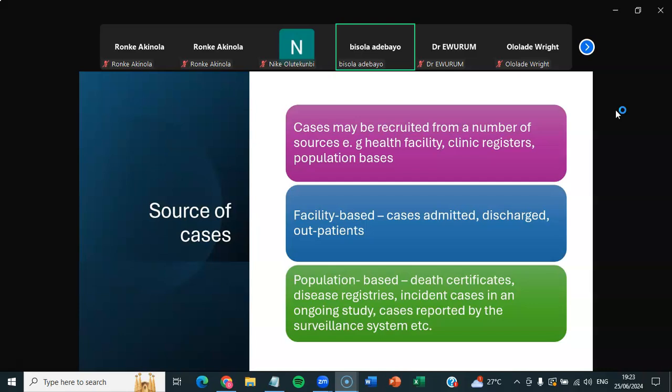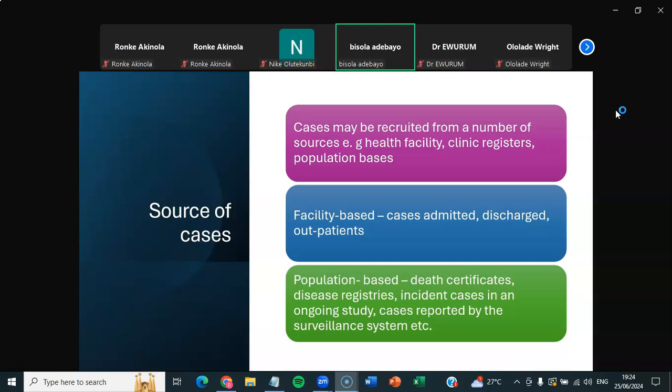And then we also decide, are we using patients on admission, discharged patients, outpatients, because all these things may have implications. Cases can also be population-based. People can select cases based on death certificates, disease registries, or incident cases in an ongoing study. Sometimes people might be doing an ongoing cohort study, see something important, and choose cases and do what they call a nested case control.